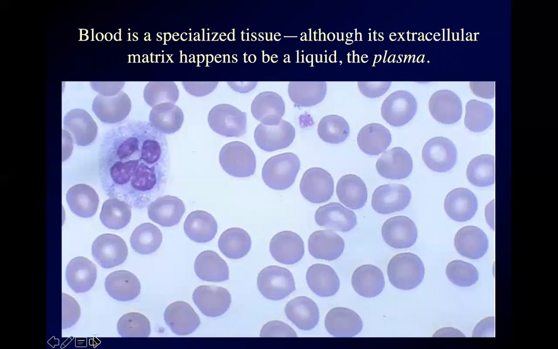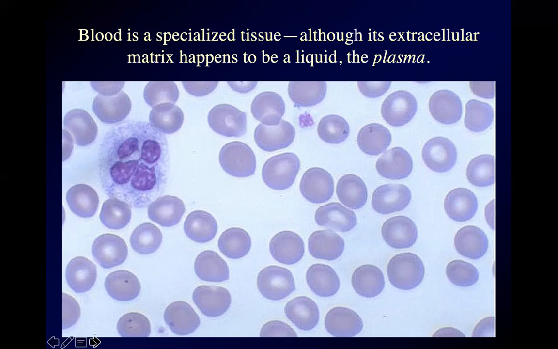Blood is actually a tissue, but in this case, the extracellular matrix happens to be a liquid. This is a picture taken through a microscope of blood cells. Red blood cells don't have nuclei when they're mature, and they carry oxygen. The grainy thing at the upper left is a white blood cell, and the nucleus there looks a little bit like a clover leaf.